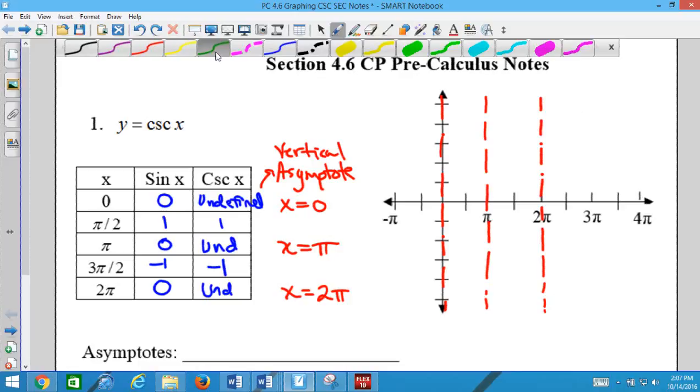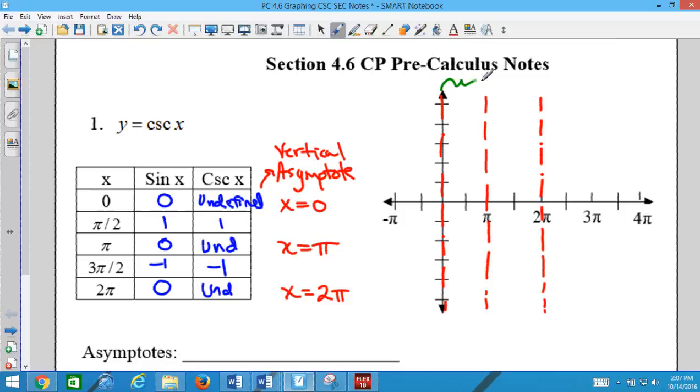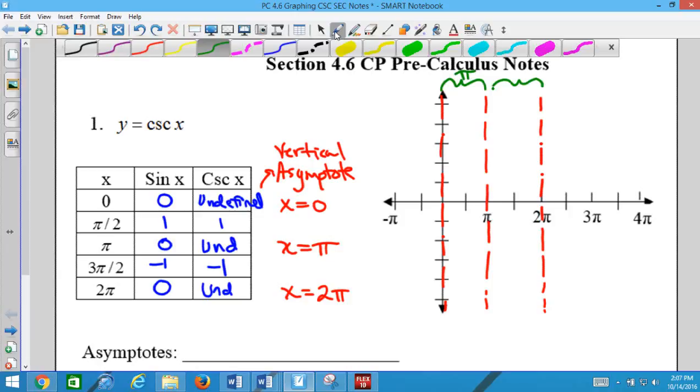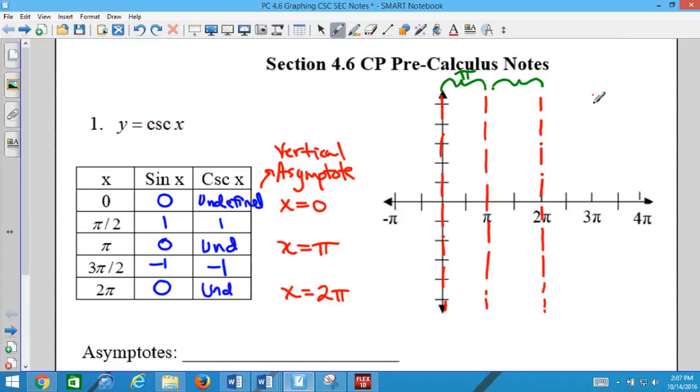So I'm going to look and say, how far apart are these asymptotes? They are pi spaces apart. So every pi, I'm going to draw another asymptote.